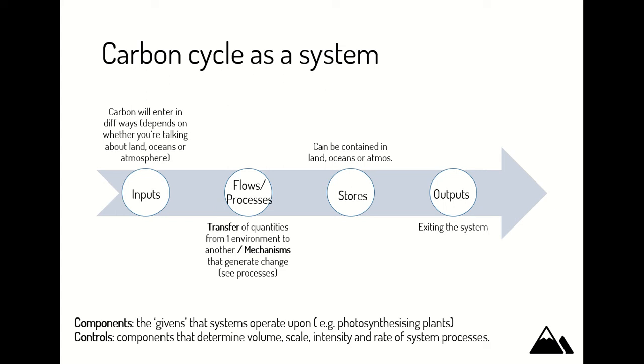So if you're talking about a specific sphere, then you'll have an input, some flows and then stores and then an output as it leaves that sphere and moves to another one. We've got components and controls. This will determine the volume and scale and the sort of processes of the components within that.